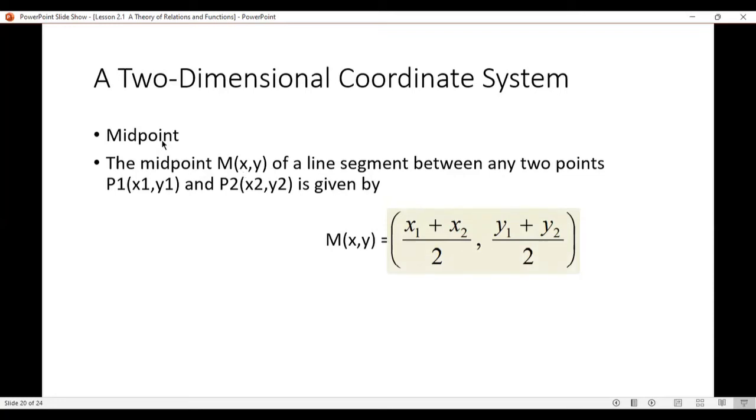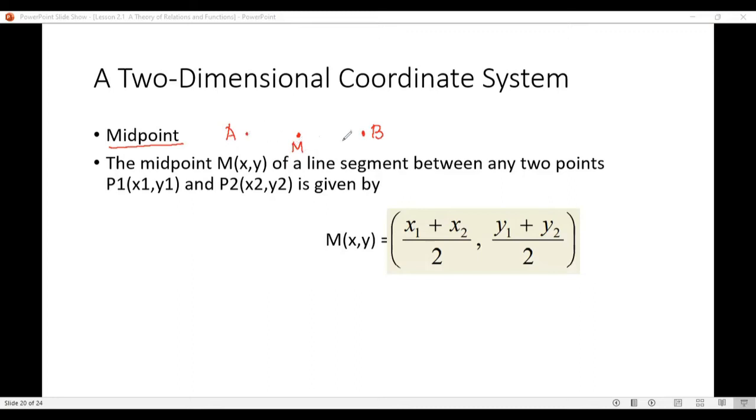Yung midpoint kasi tinutukoy din yan as middle point. Diba? Pag sinabi natin midpoint, middle point. For example, meron tayong dalawang point, point A and point B. So, para makuha natin yung middle point ng dalawa, nandito yung ating point M. Yan yung kanyang middle point.